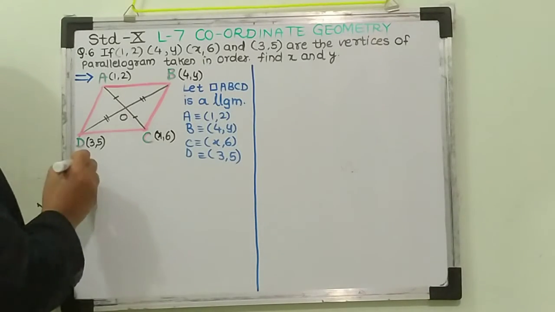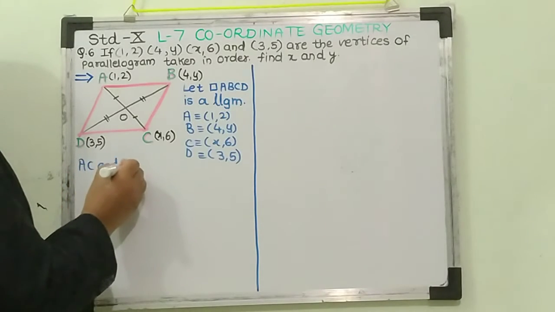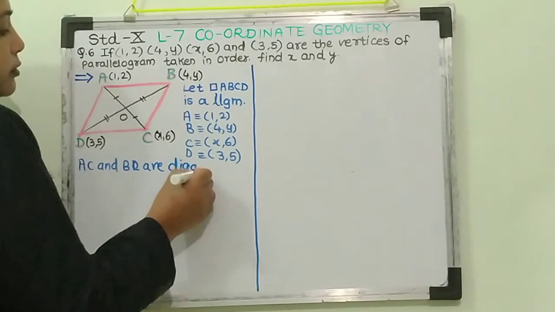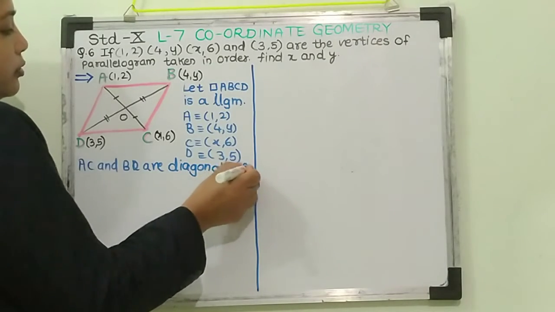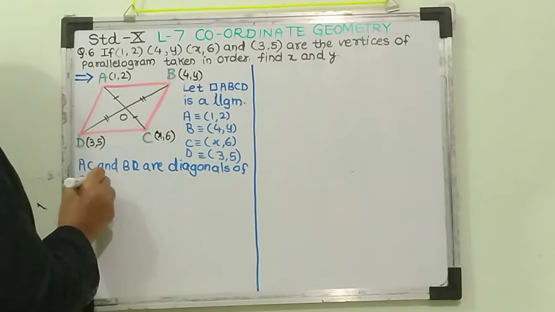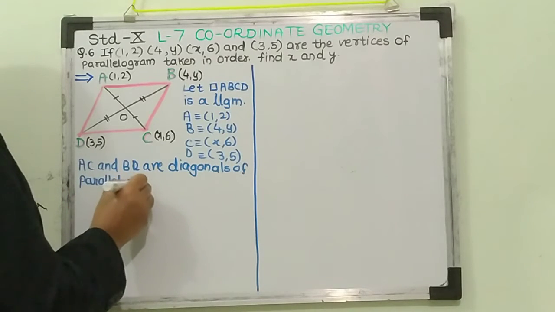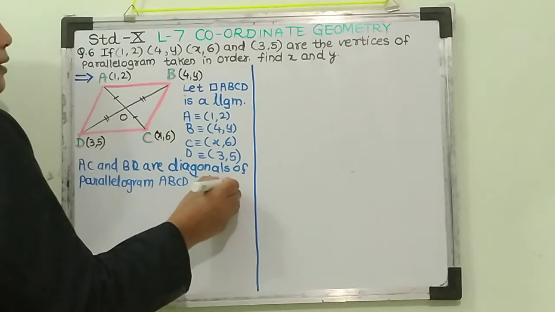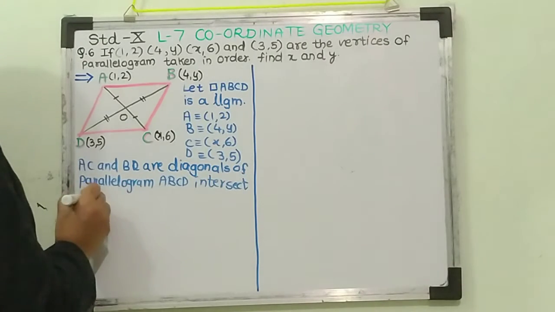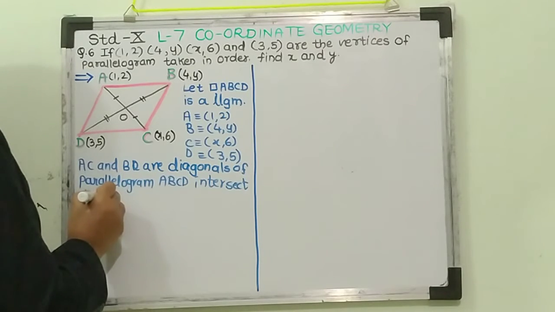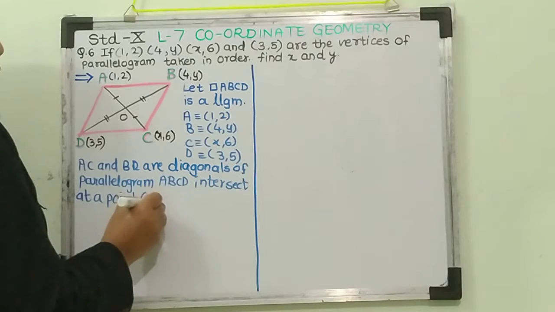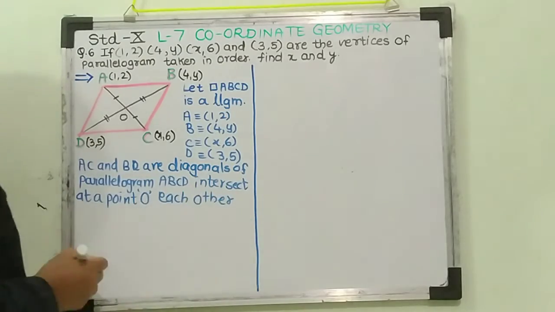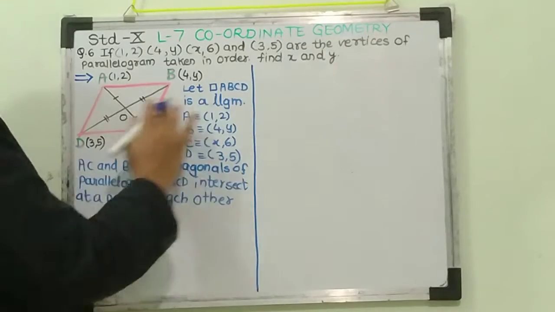After that, we know that AC and BD are the diagonals of parallelogram ABCD and intersect each other at a point O. See, first we consider ABCD is a parallelogram.